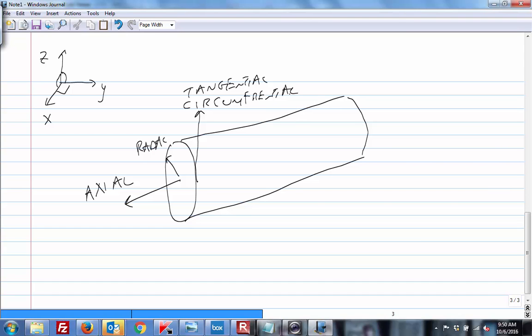I think one reason this ends up being a tricky exam problem is that the word circumferential gets misspelled. But now the point is axial, radial, circumferential. So typically axial is labeled as Z, radial is labeled as R, and the circumferential, there's a few different ways. Sometimes that's just labeled as theta for an angle.